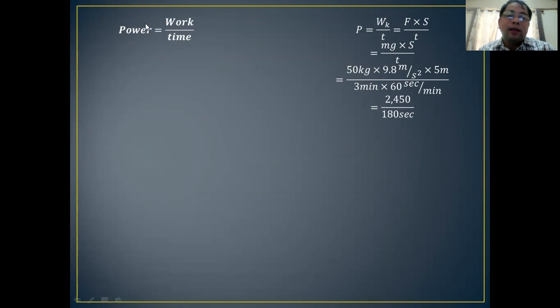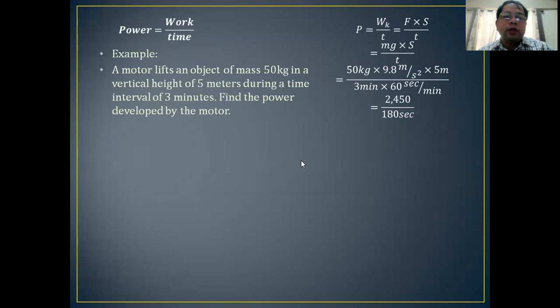Another one that I mentioned already is the unit of power in horsepower. If you divide the number of joules of work by the time in seconds, joules per second gives us a unit called watts.